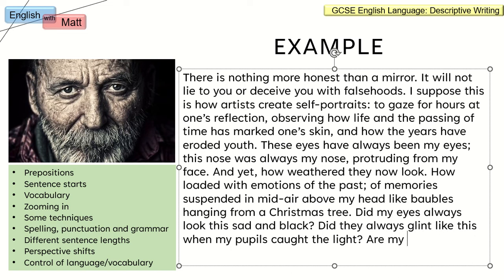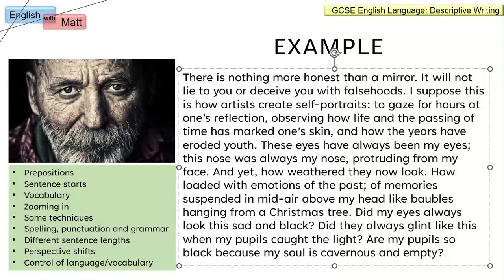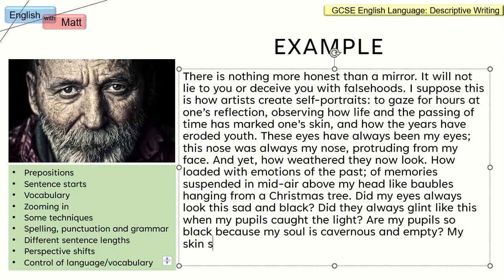Are my pupils so black because my soul is cavernous and empty? My skin seems like a wild terrain, made of valleys and peaks.